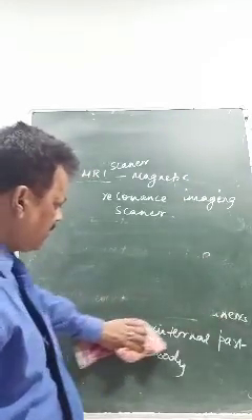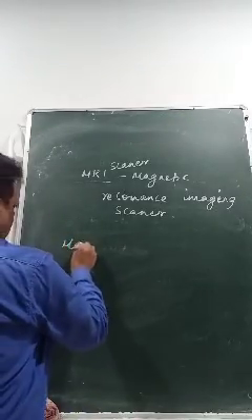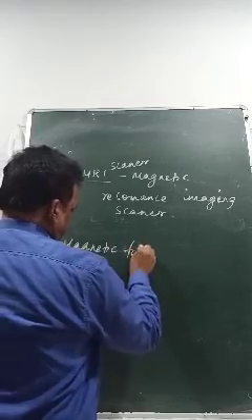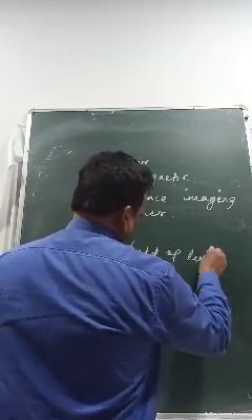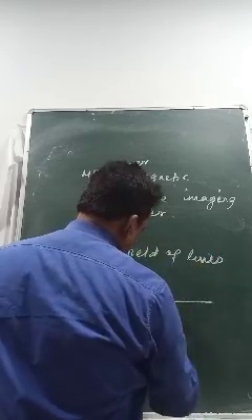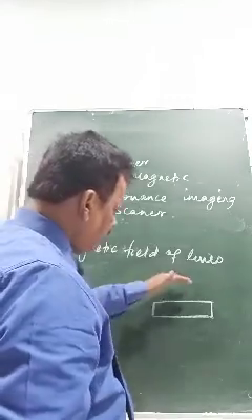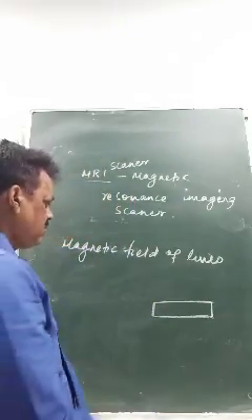And now the question comes of magnetic field of lines. Magnetic field of lines means, if there is a magnet, there is a place where you will have more attraction and a place where you will have less attraction.